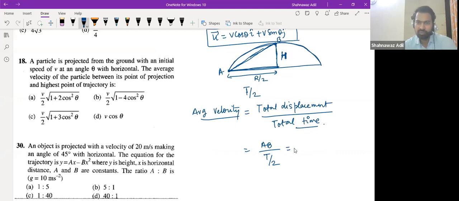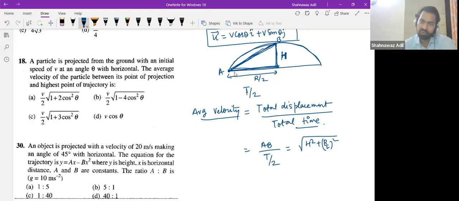Square root of H square plus r by 2 whole square. So this is AB, the hypotenuse. This is perpendicular, this is base. Understood, guys? Yes, sir.